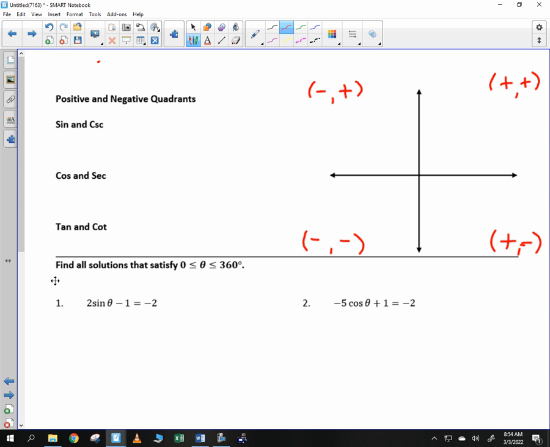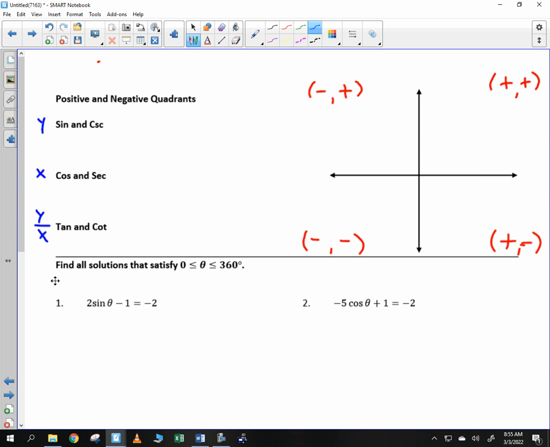When we try to determine where things are positive and negative, we think about their values as variables. I don't know if you recall this, but we said that sine was the y value of the terminal point, and cosine was the x value, and tangent was y divided by x. That was one of the first things we did in trigonometry back at the beginning of the third quarter. Do you have a vague memory of that?